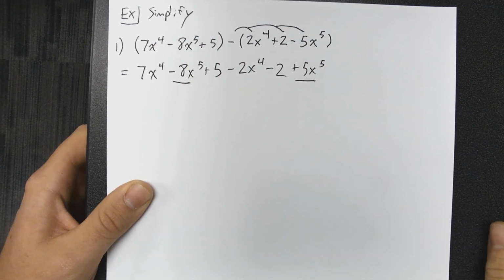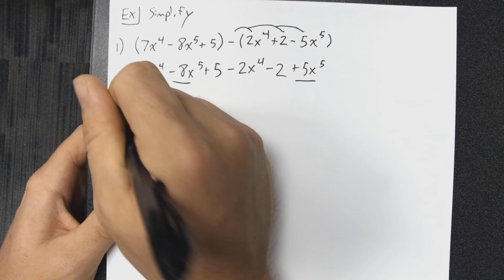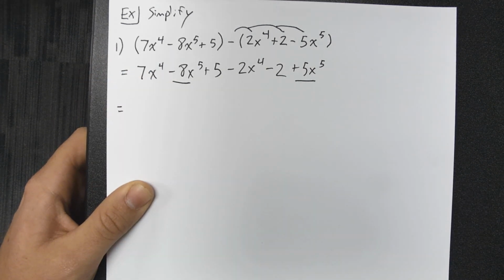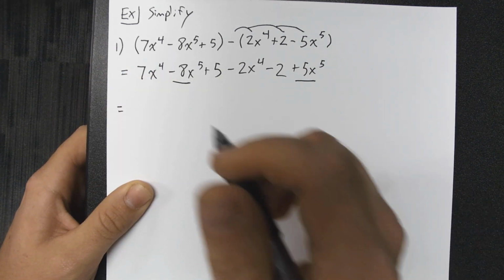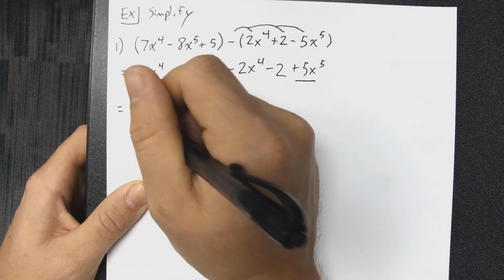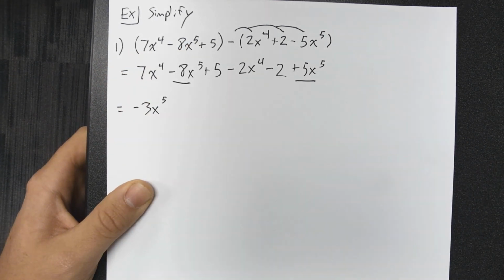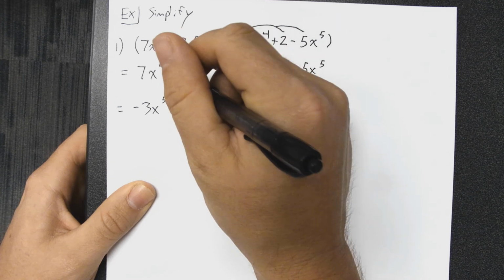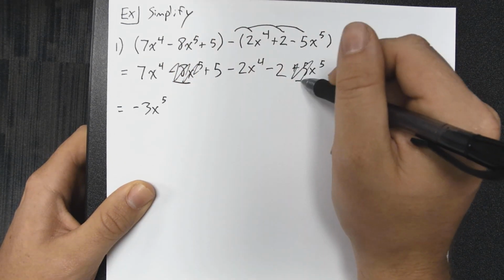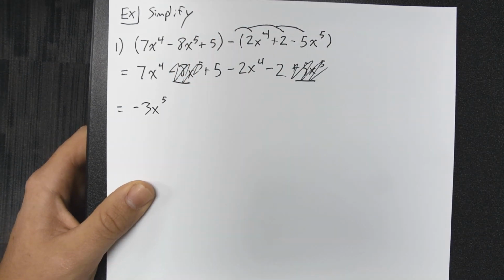So we've got negative 8 plus 5, which is negative 3x to the fifth. What I like to do is lightly scratch those out when I combine them. So those have been combined.